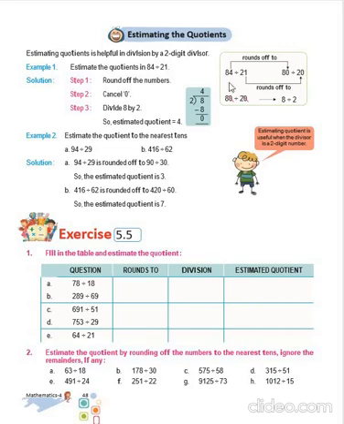Then we will divide this 80 by 20. We will get 4. Similarly, for this, you have to first round off these numbers, then you will find the division. Let's take exercise 5.5. This one you have to do as explained in above example.